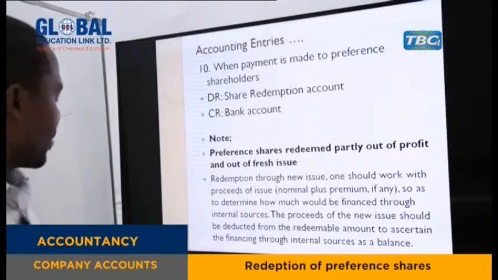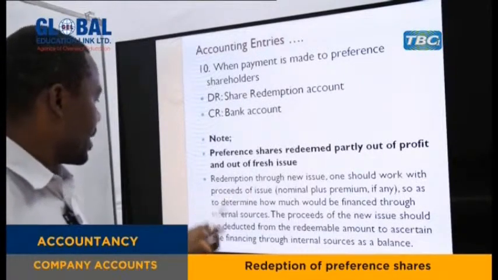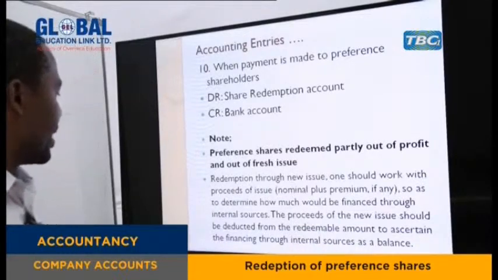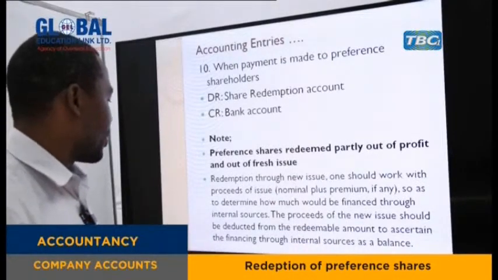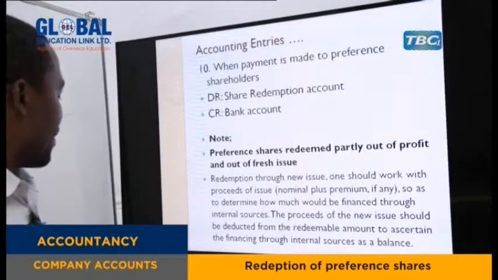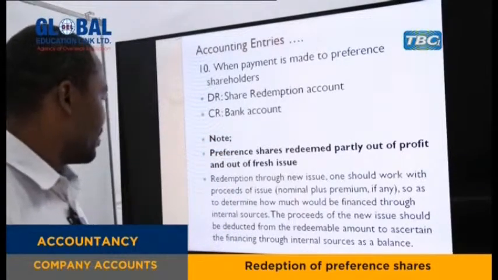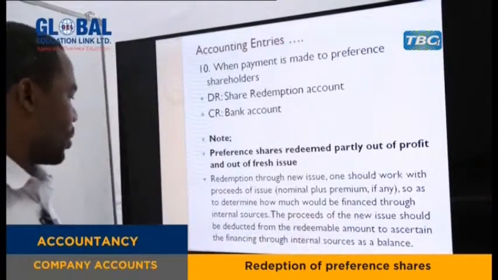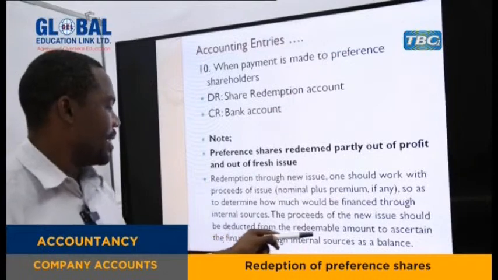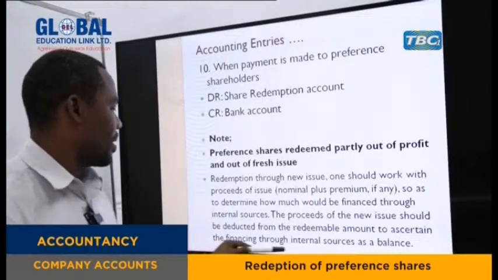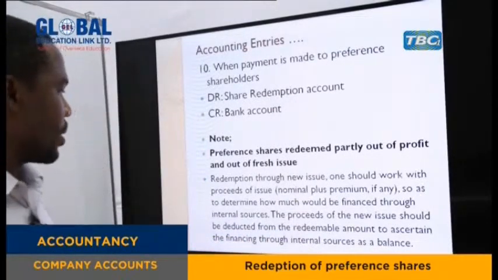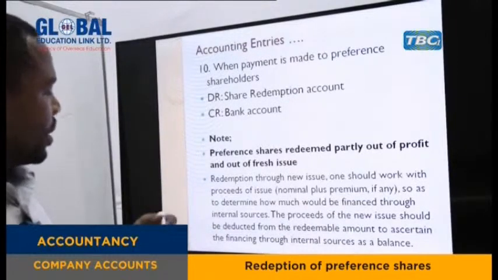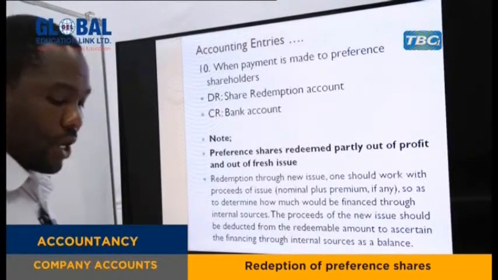But for the question we are going to do, the shares are redeemed at par, and the preference shares were issued at par, so you won't see this adjustment. The proceeds of the new issue should be deducted from the redeemable amount, and the balance is the financing through internal sources. Make sure you note this point, because as you are doing questions, you are going to use it.